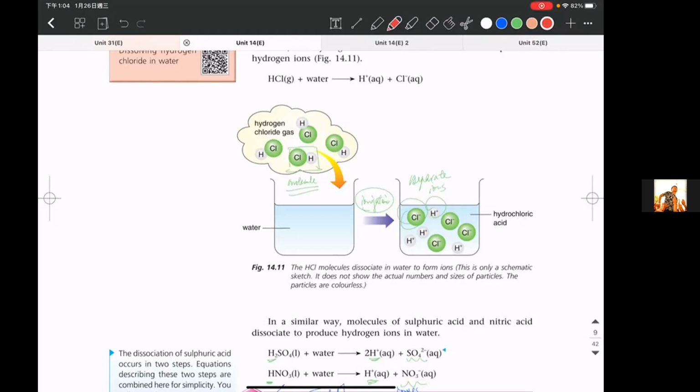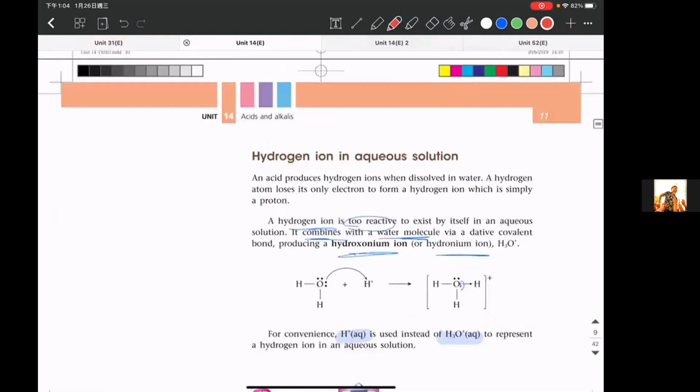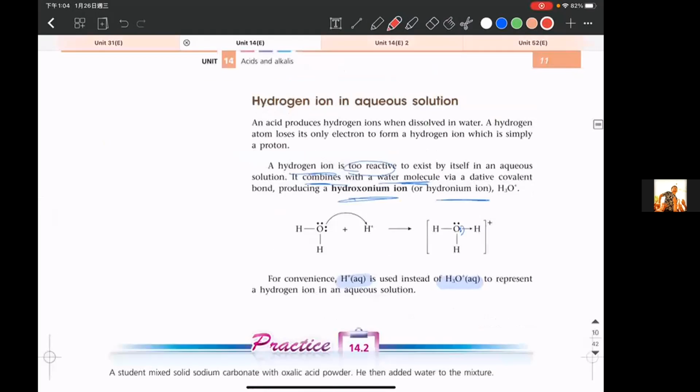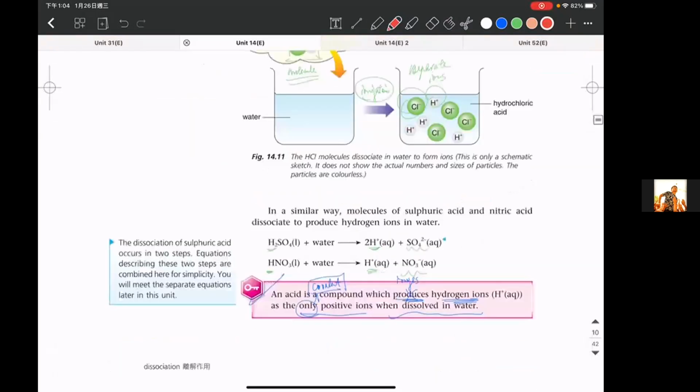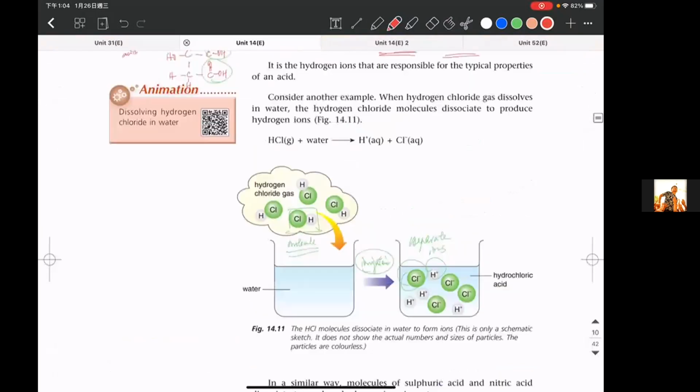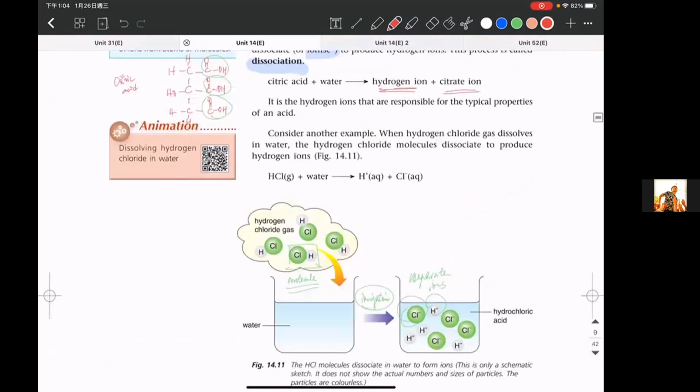Water has lone pair electrons, and being negative, they will attract towards the H atom from the acid. Just like this. Take a look: this is delta minus, this is delta plus.